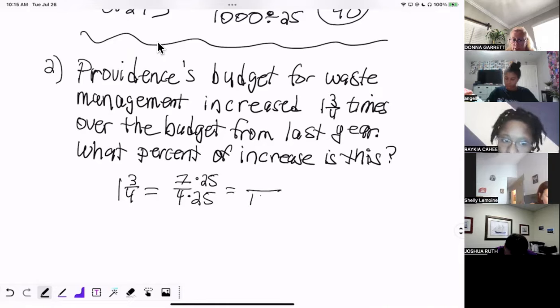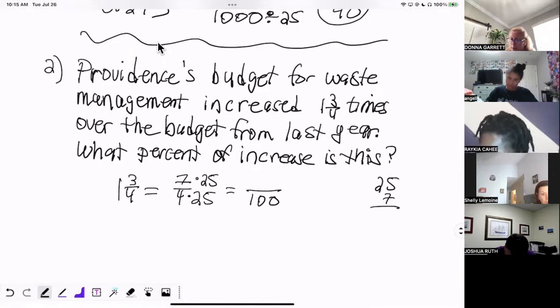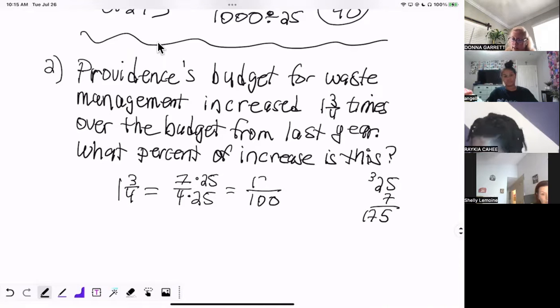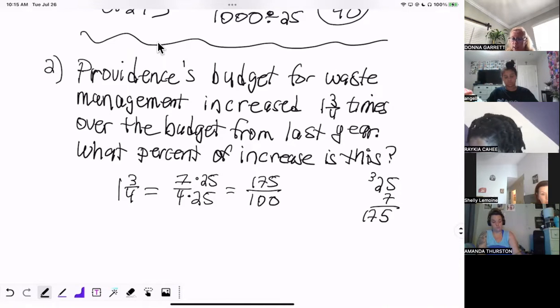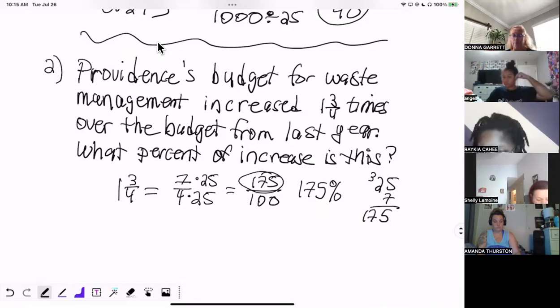Because I can make this 100 nicely. 25 times 7 is 175. So now we have 175 over 100, this is my percent, 175%. I like them when you can multiply them by something.